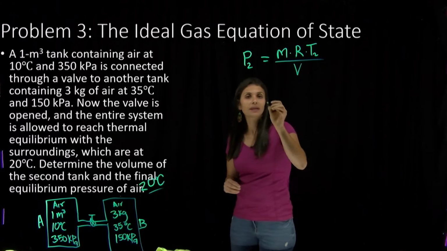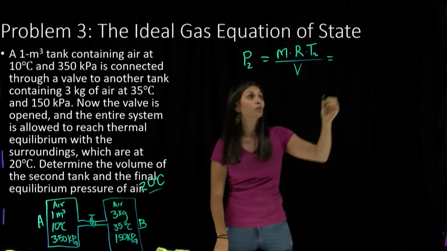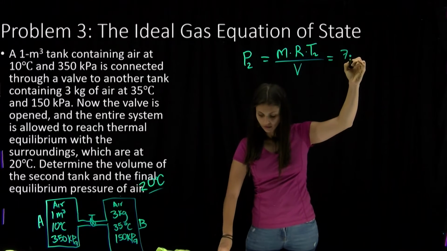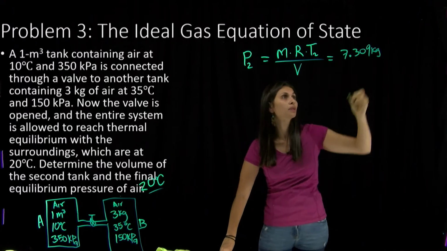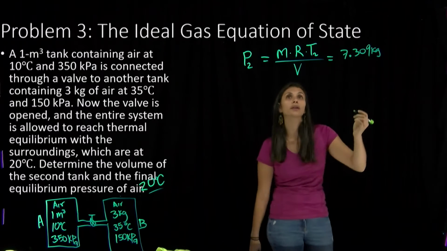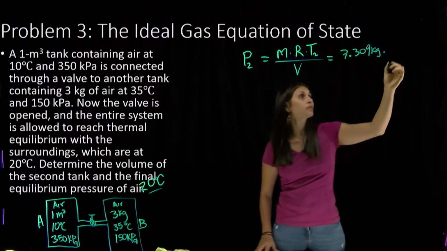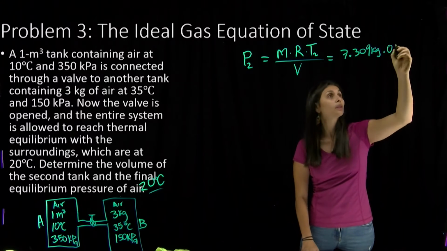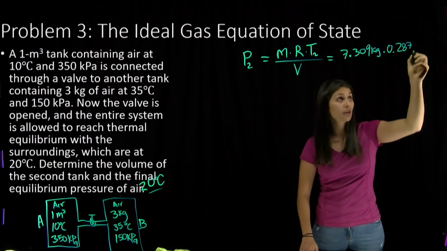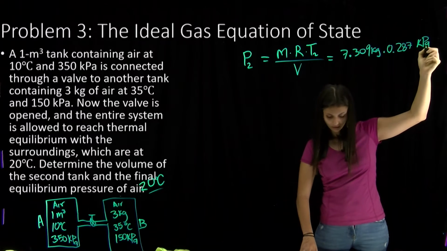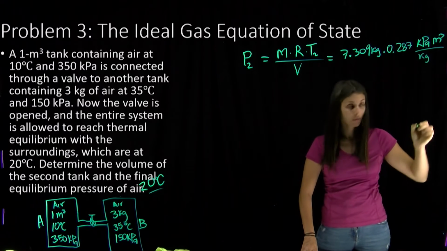And so we just replace this. The total mass was 7.309 kilograms of air. Then the constant again is 0.287 kilopascals cubic meter per kilogram Kelvin.